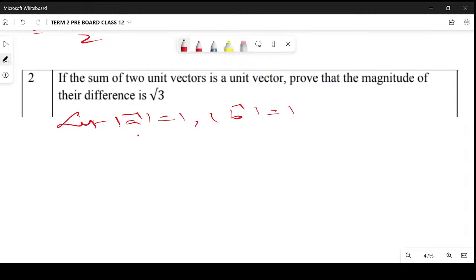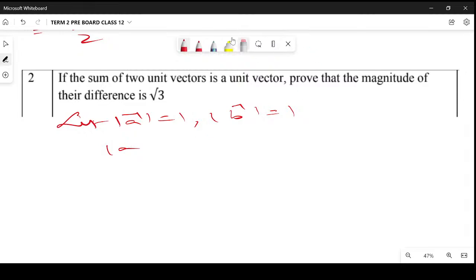I have taken the magnitude of these two as 1 unit. They are also saying the sum of two unit vectors is a unit vector again. That means mod a bar is equal to 1 and mod b bar is equal to 1.